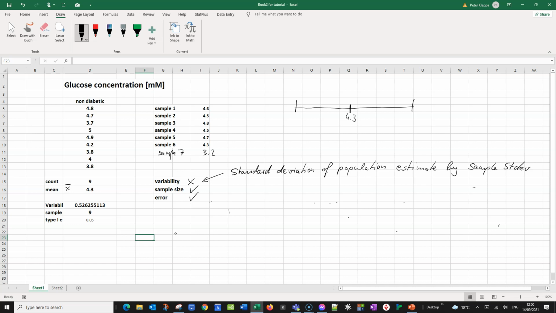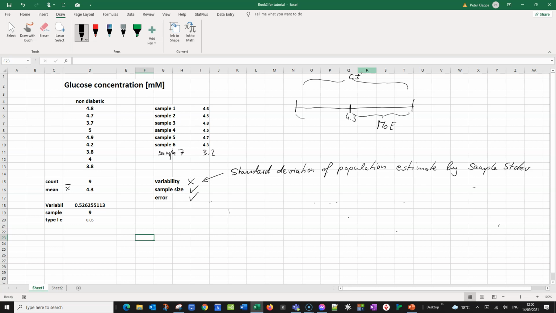So the whole part here, that will be our confidence interval, and just one arm here, that will be what is called the margin of error.